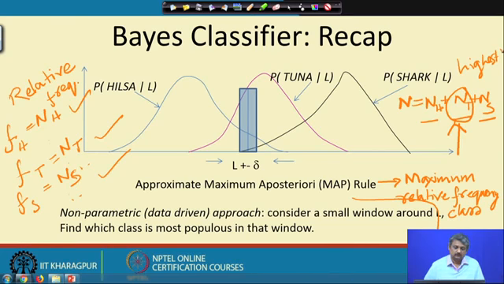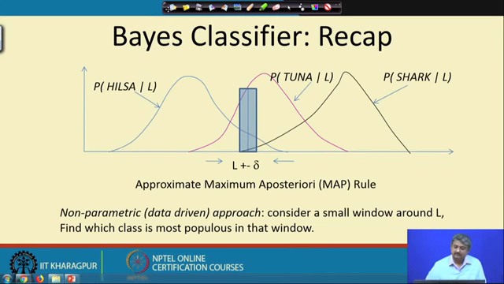So, I can do that. Note that this is for one dimension. I could have extended it to two or higher dimensions also.